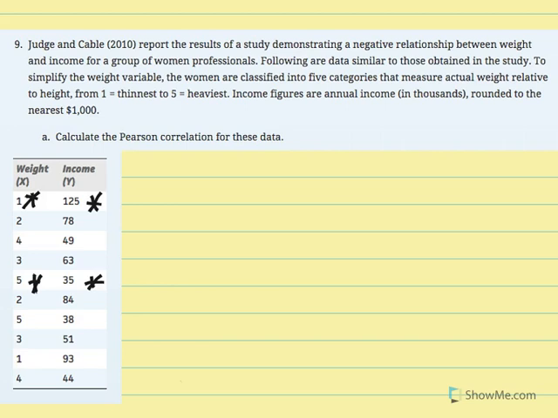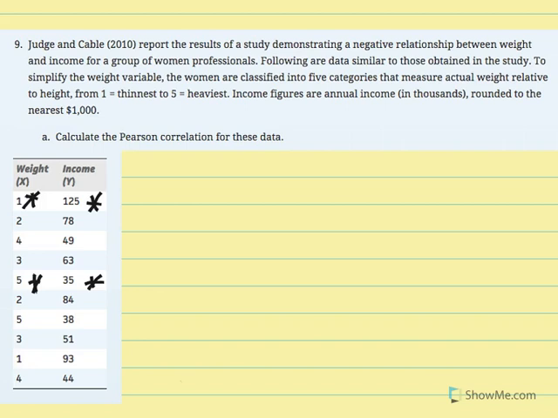So we can already affirm the relationship that was hypothesized, a negative relationship between the two. From our reading, we recognize that we can have positive correlations, both variables moving in the same direction, both increasing or decreasing, or a negative correlation, which means that as one increases, the other decreases. Here we are seeing a negative correlation just by looking at the raw data.